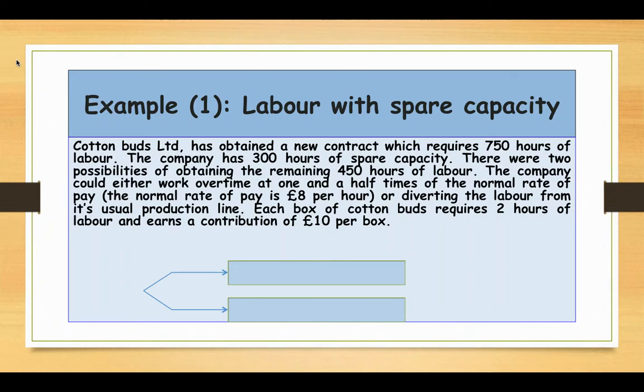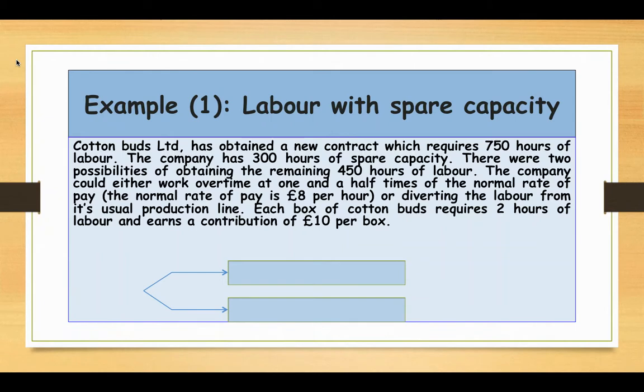So we know out of 750 hours, the company has 300 hours. So the relevant cost of that 300 hours spare capacity is nil. So the balance 450 hours only the company has to take into account.